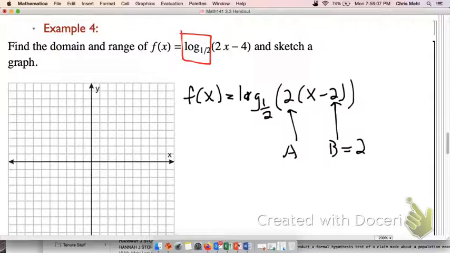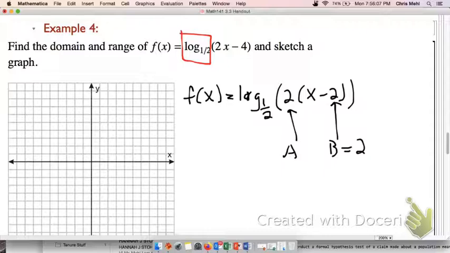Now, just like with transformations of exponential functions, where the vertical shift tells you where the new horizontal asymptote is going to be, this time the horizontal shift tells you where the vertical asymptote is going to be.